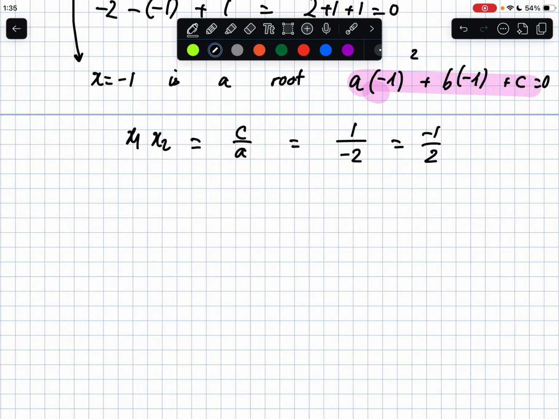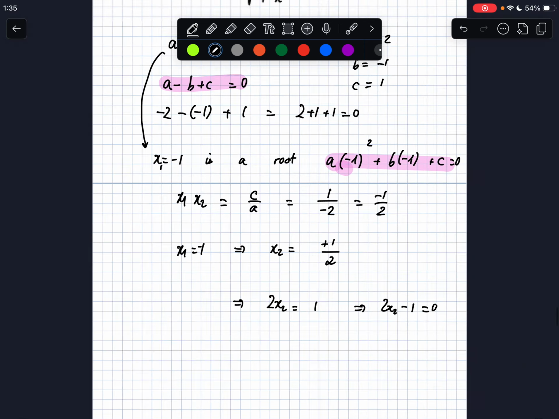We know x1 is minus 1, so x2 is minus 1 over 2 times minus that. So 2x2 equals 1, 2x2 minus 1 equals 0.